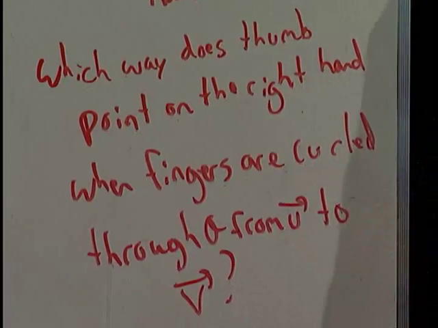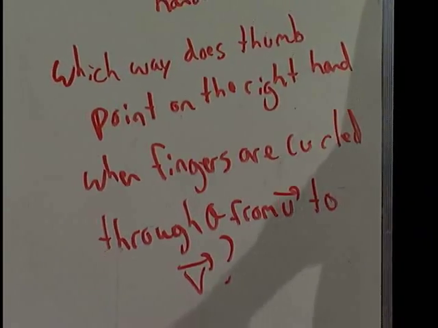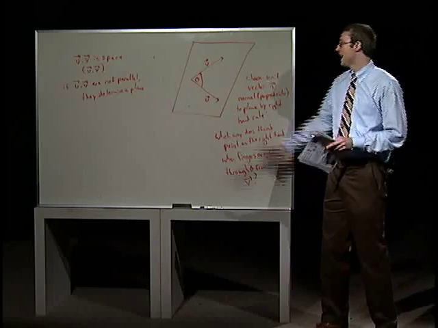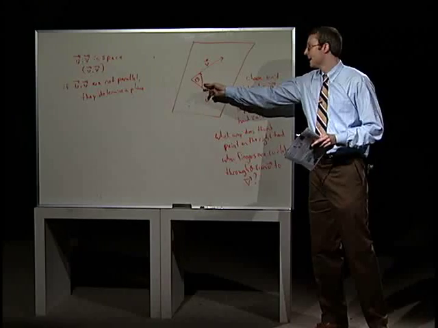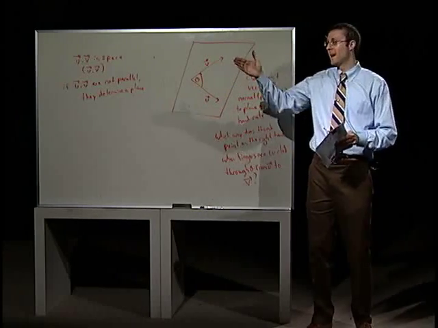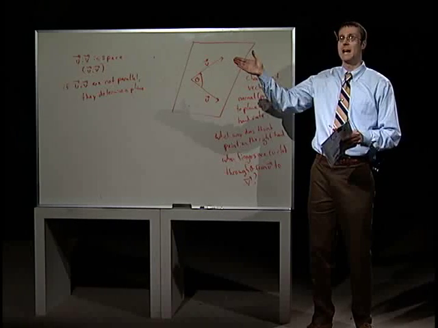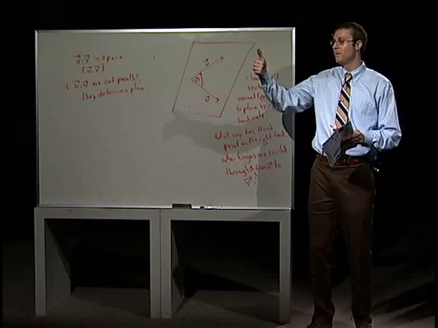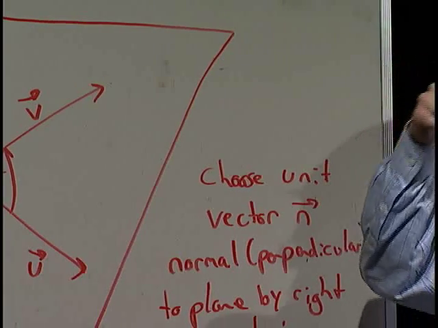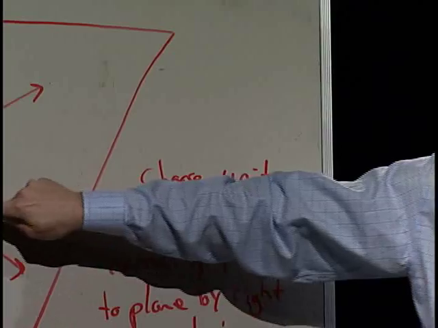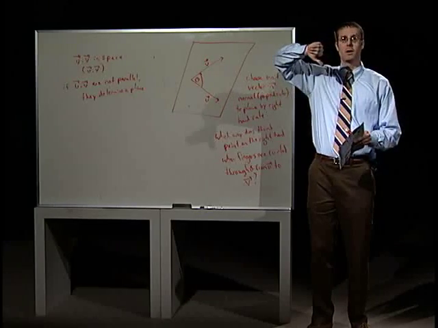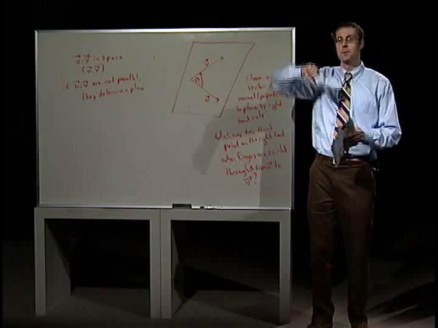There's a mouthful. So the right-hand rule says this. Take your right hand and look at the way that the angle curls. It's curling counterclockwise around the circle from u to v. So if I curl my fingers counterclockwise through the angle from u to v, my thumb points up. If I were to curl the other way, in other words, if the angle were to go clockwise, I would curl it clockwise, and the thumb would point down.